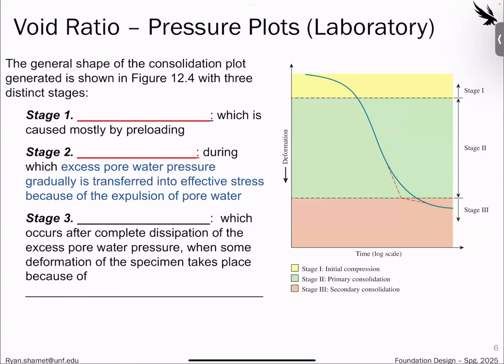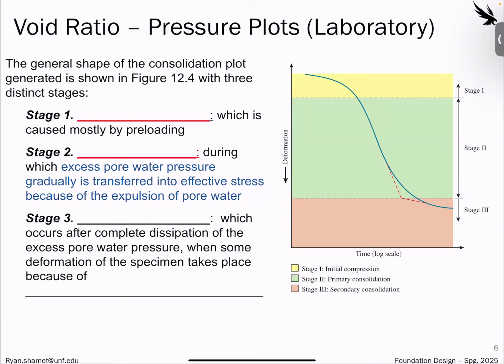If we talk about what is happening during the consolidation, if we plot the time on the x-axis versus a theoretical deformation, what we would see is that the compression of the soil sample is occurring in this little S or three-phase shape, where we have an initial stage, a second stage, and then a third stage.